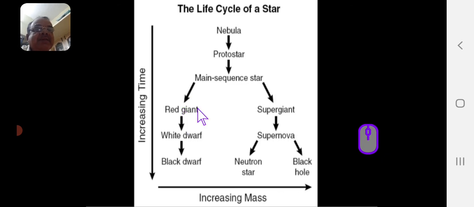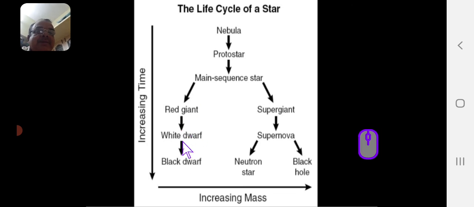In this red giant stage, what happens? There is formation of a large amount of carbon and helium. Nuclear fusion reaction stops. Energy generation, heat and light energy generation stops. At this stage, the star becomes very large, but the star becomes cooler.